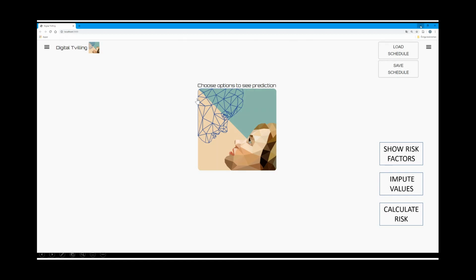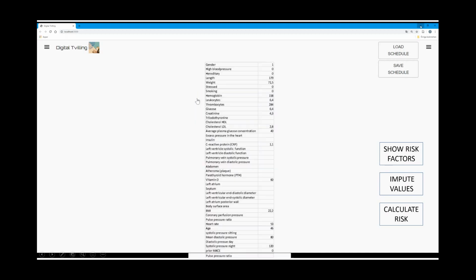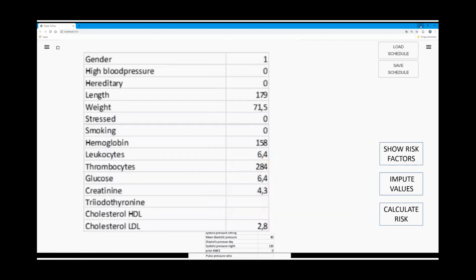So the machine learning part or the hybrid modeling part can look at different risk factors. So here we see the variables that we know. We know which sex he has, and that he doesn't have high blood pressure, and his parents and his family is not known for having cardiovascular problems.